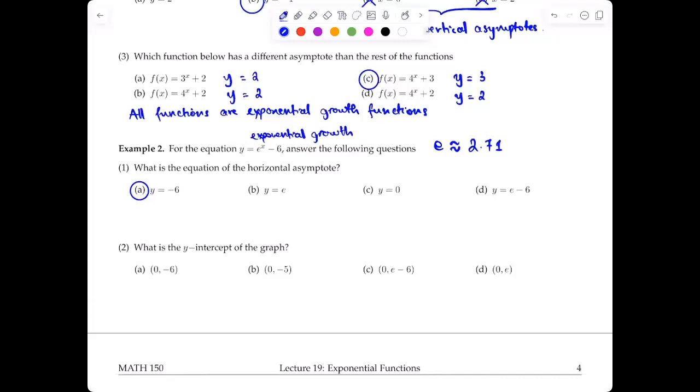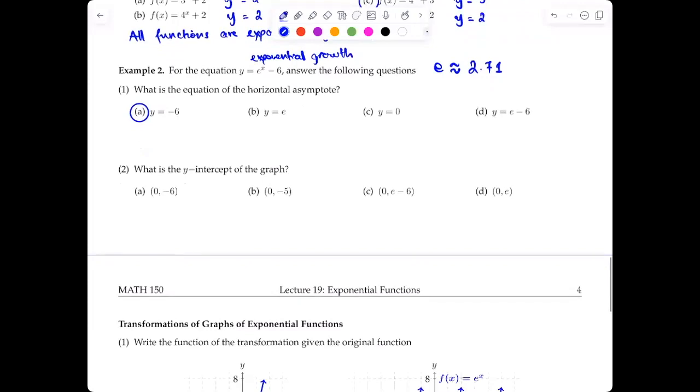So when x equals 0, e to the 0 is equal to 1. 1 minus 6 is -5. So B is the answer. You have y equals e to the 0 minus 6, or 1 minus 6 equals -5. So B is the answer.